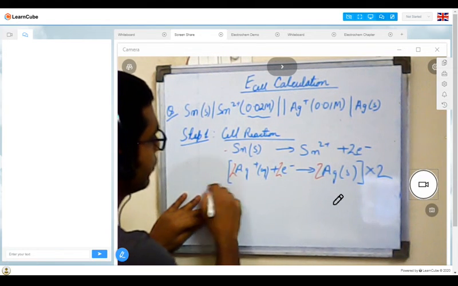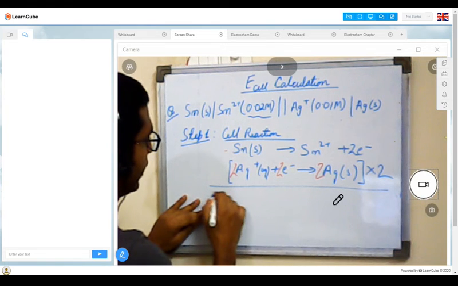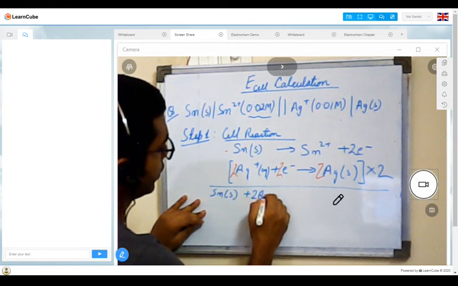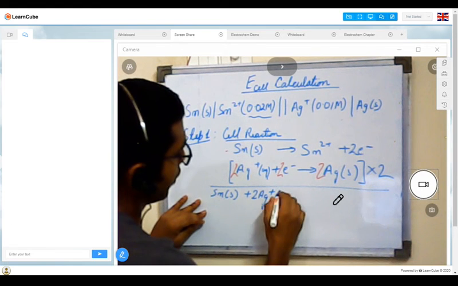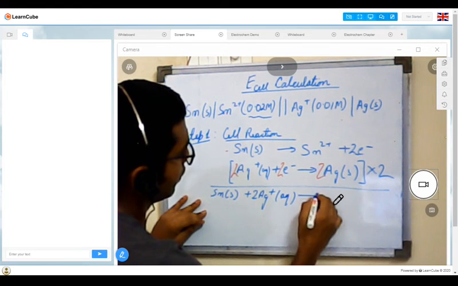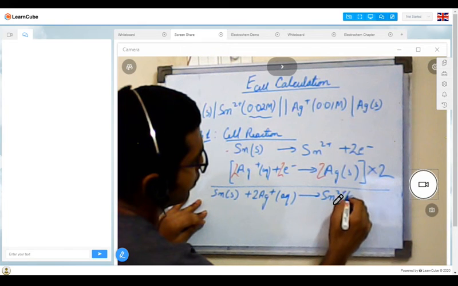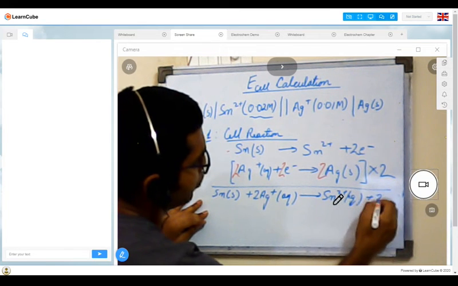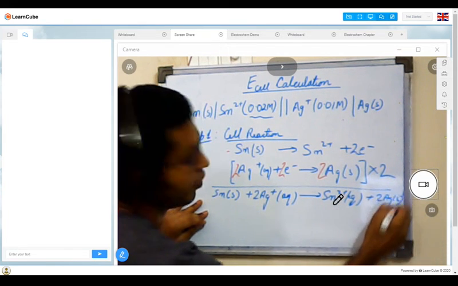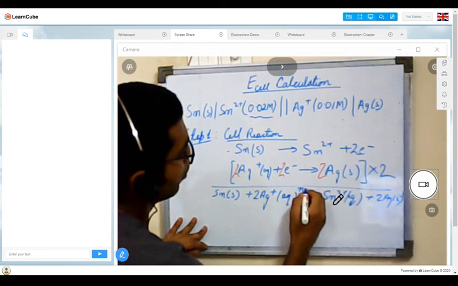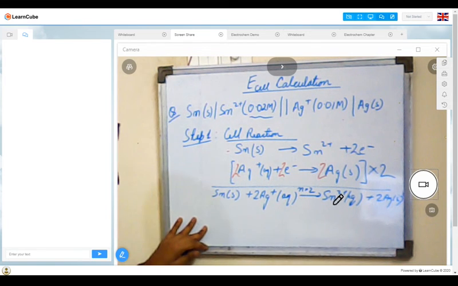So when I add it, I get Sn solid plus 2Ag aqueous giving Sn2 plus aqueous plus 2Ag solid. This is my reaction. Here n is 2. This is the first variable I got.